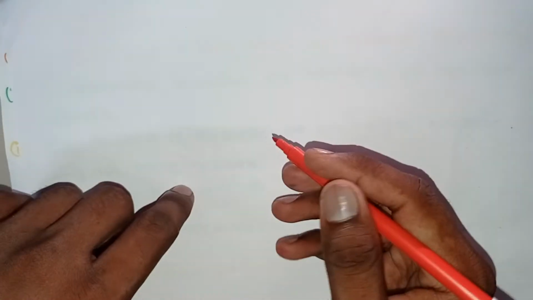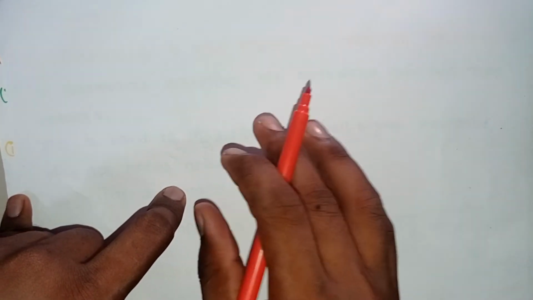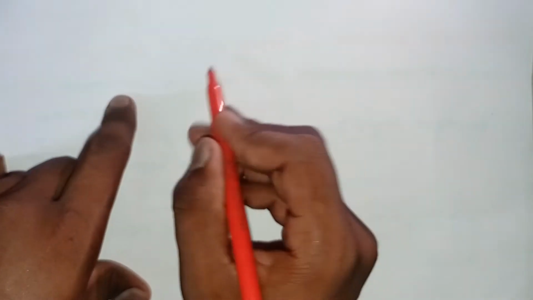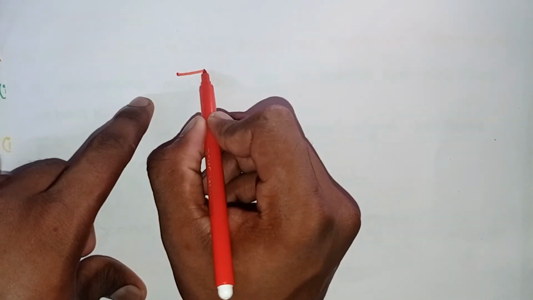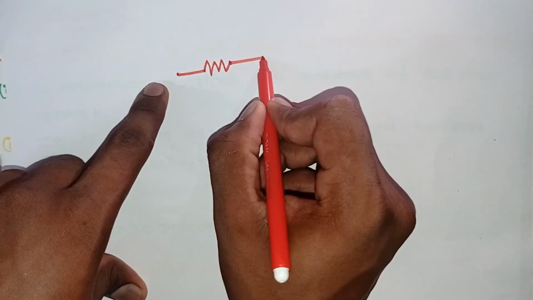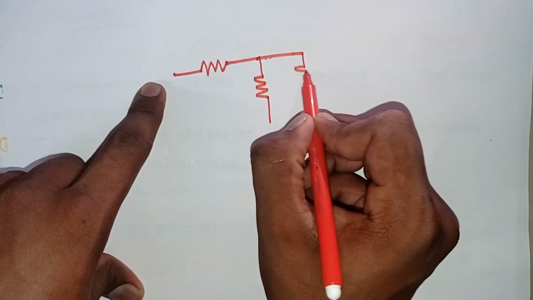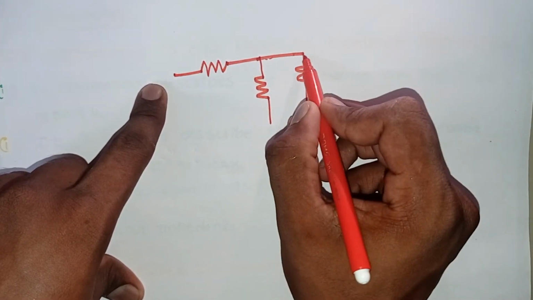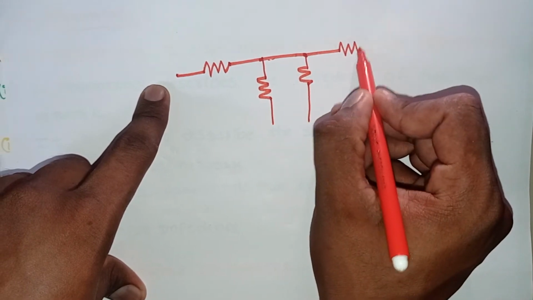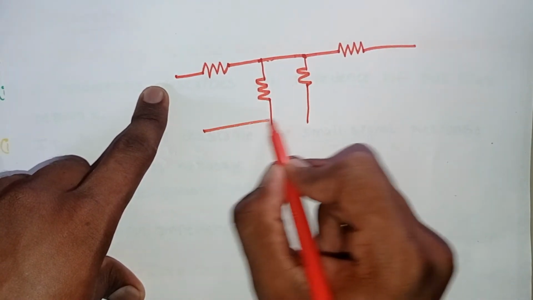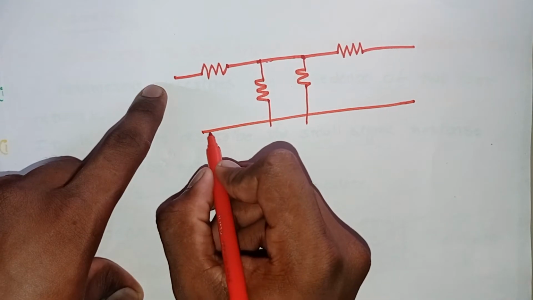Now we see how to calculate input impedance, output impedance, and in between input and output the circuit impedance. Let's consider a two-port network like this. These two are circuit impedances, and this is output impedance. This is the two-port network.